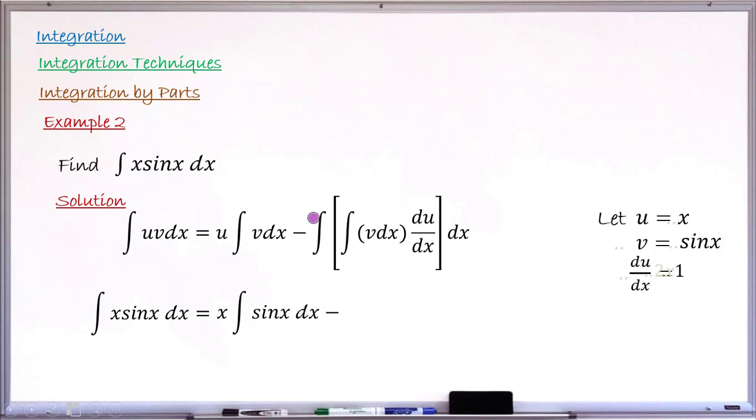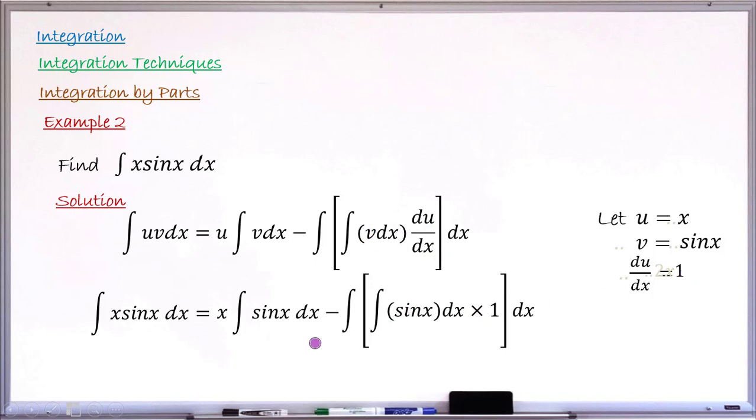I'll now substitute this part. I have my v, which is sine x, and I have my du/dx, which is this one. So substituting this part here, I'm going to have the integral with respect to x of, inside the bracket, the integral of sine x dx, multiplied by 1. 1 is your du/dx, look at it here, and your v is sine x.